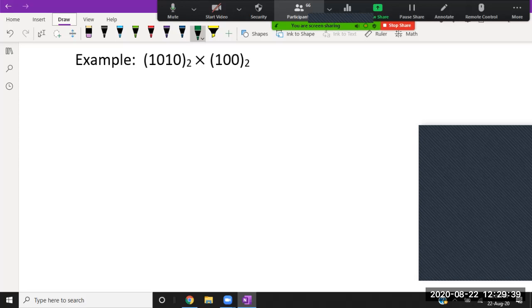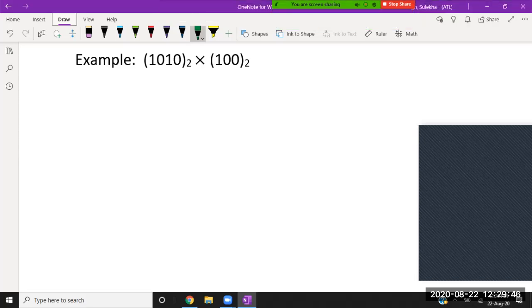Maybe one student had a typing error and left some zeros. After solving this one, it is a very simple calculation. You can just multiply by 1 and put the 0 0 at the end. You need not calculate this. This is your answer in base 2.